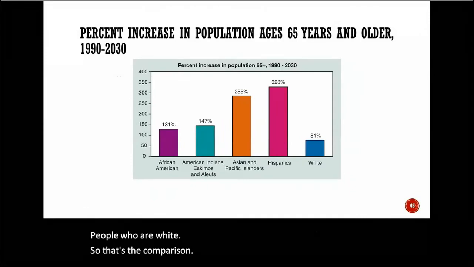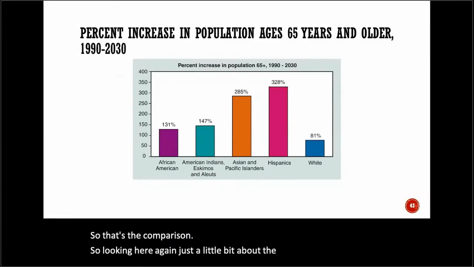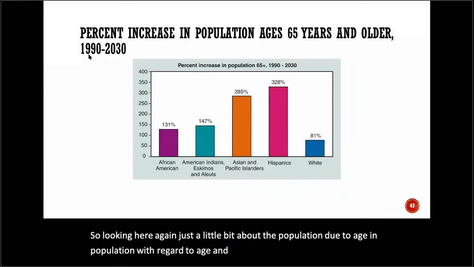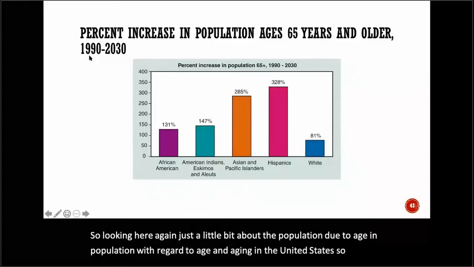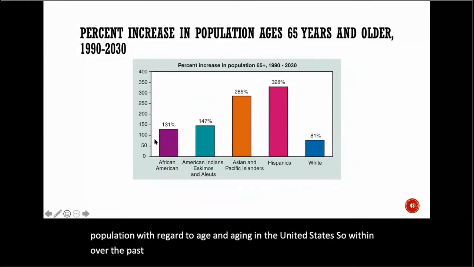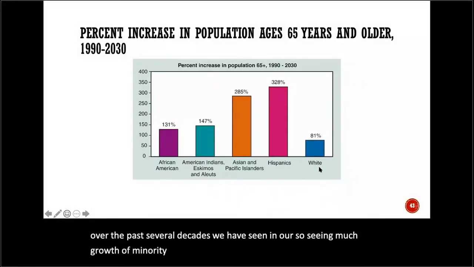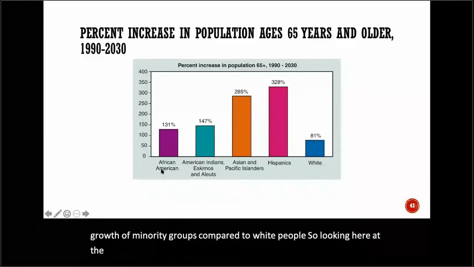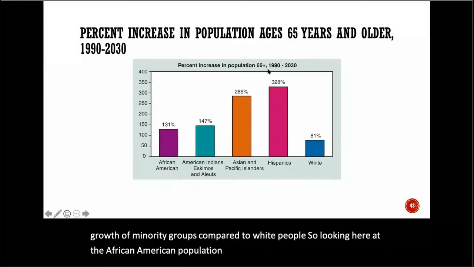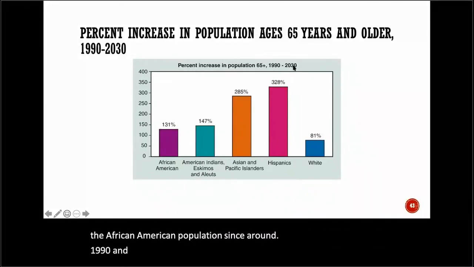So looking here again at the population with regard to age and aging in the United States. Over the past several decades, we have seen and are still seeing much growth of minority groups compared to white people. Looking at the African American population, since around 1990 and within the next 10 years, there is 131% growth.